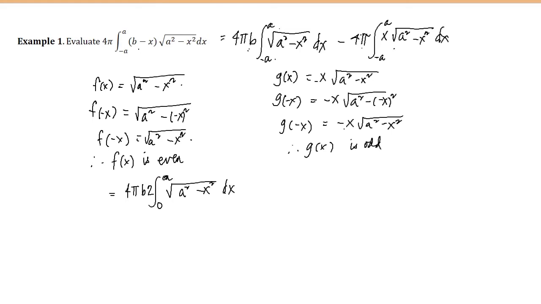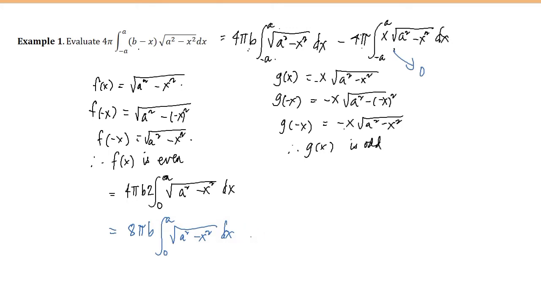While the second term naman, since this is an odd function, ang integral lang nito is just equal to 0. So hindi na natin siya isasama sa computation. So kung isa-simplify natin yung function natin, we would have here 8 pi b integral of a squared minus x squared dx, limit from 0 to a.